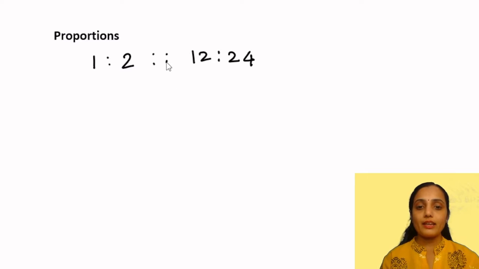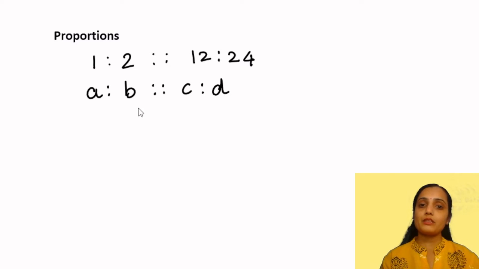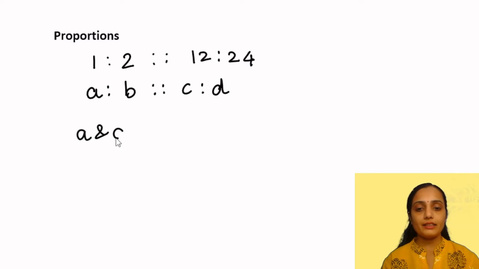So I can say that these two ratios are in proportion. So moving on, writing it in a generalized form in terms of variables, we have A is to B is proportional to C is to D, and we have also seen in the previous year that A and D are called the extreme terms.